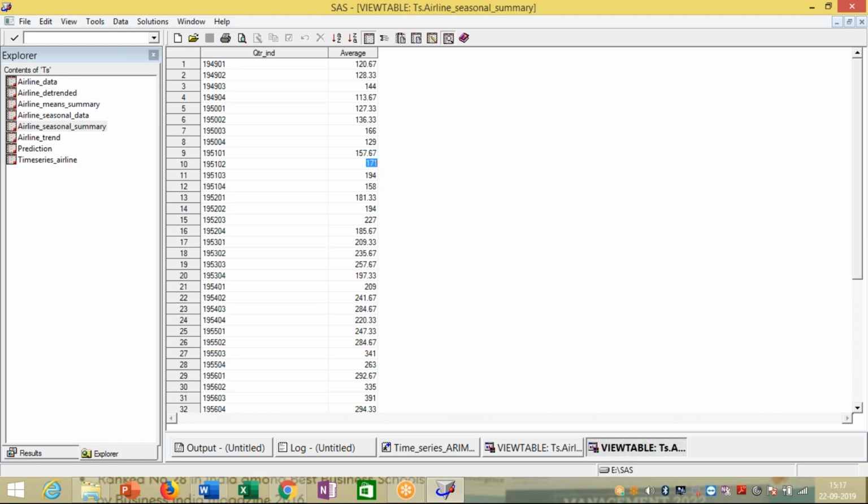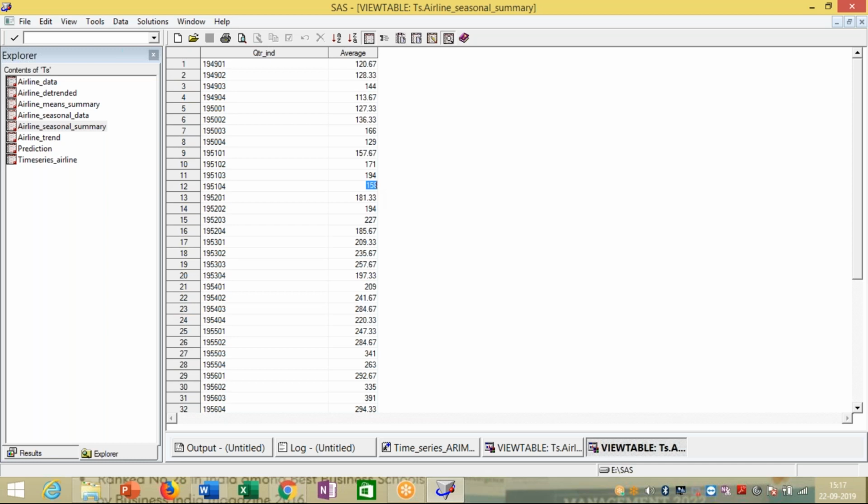So over here it is 157, 171, 194. Again, it drops in the fourth quarter. It may be that on the whole there is a linear trend, so the lower values are going higher at every month. If you look at 1949-04, it's 130 versus 1950-04, which is 129.